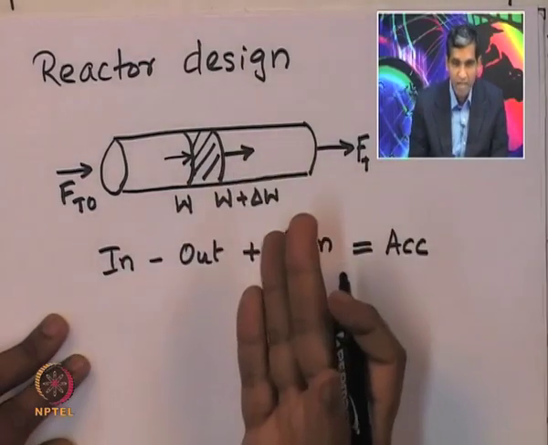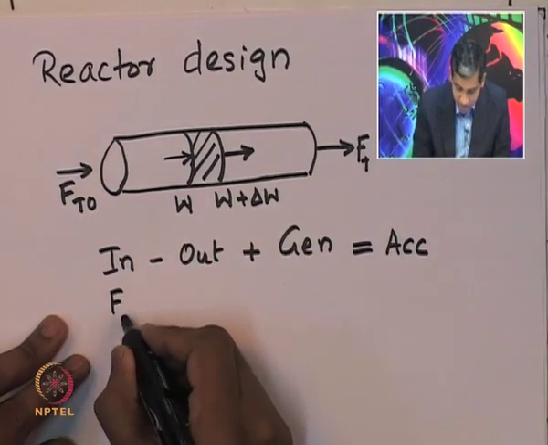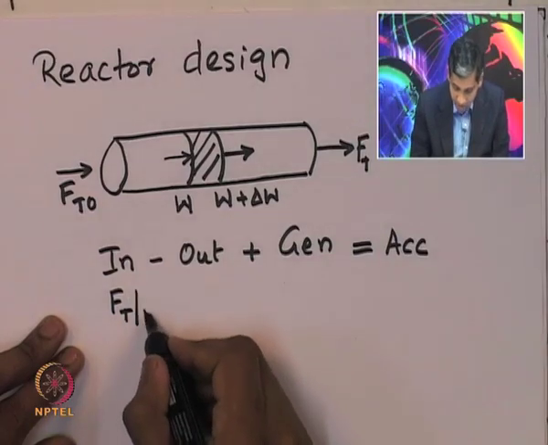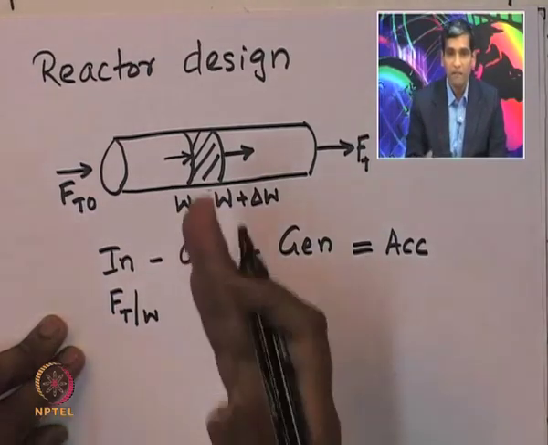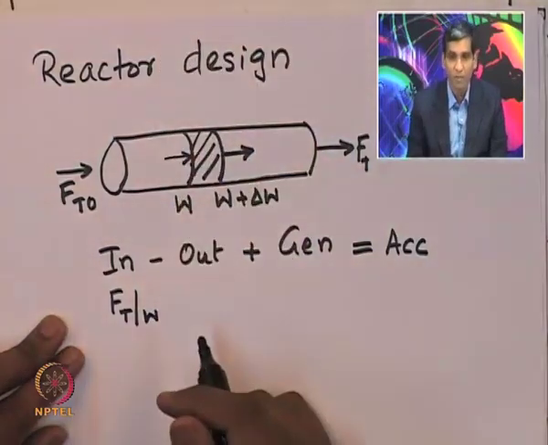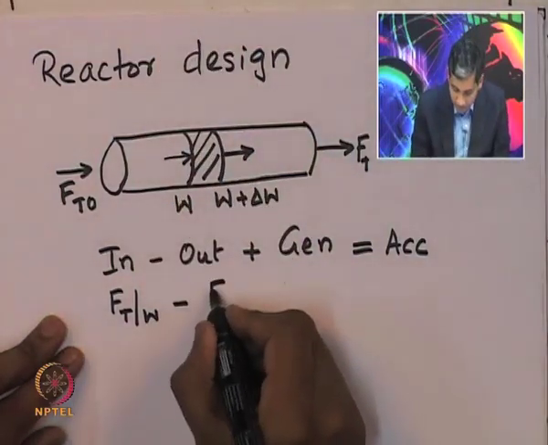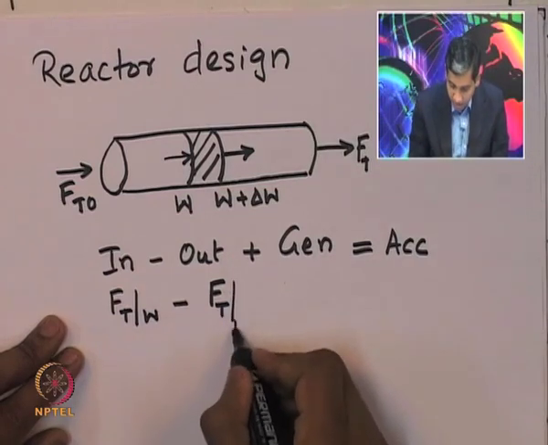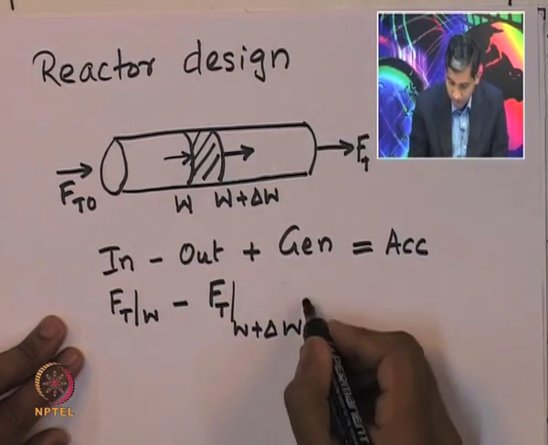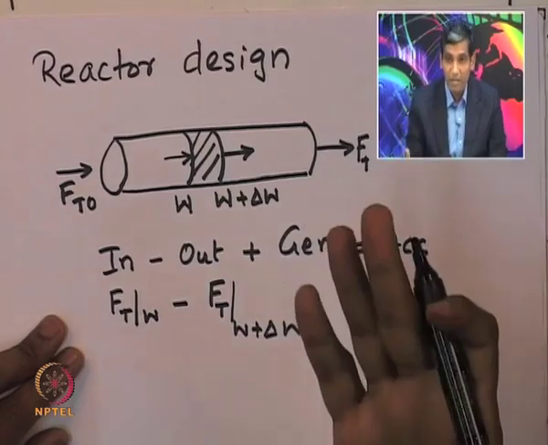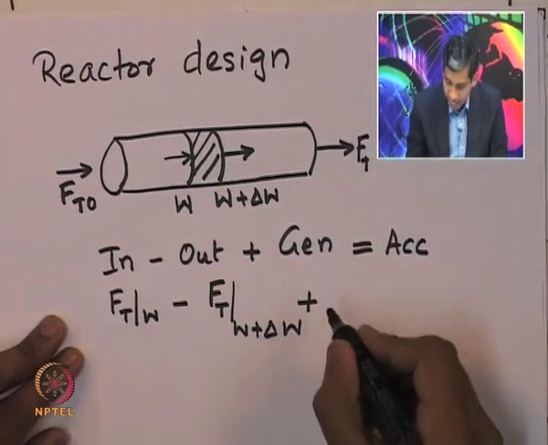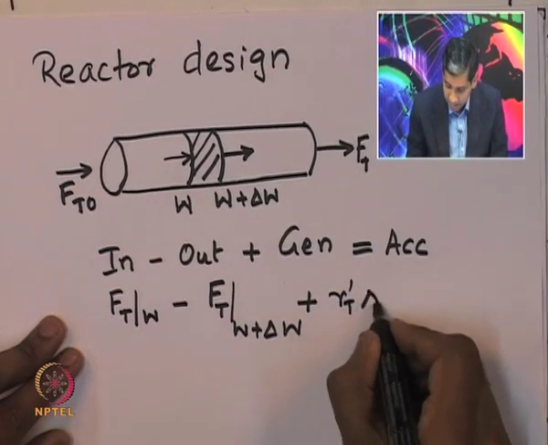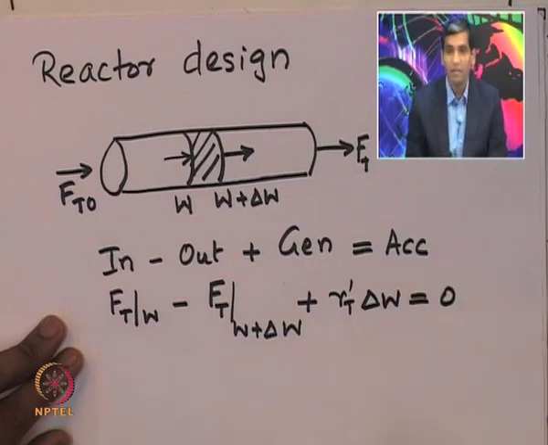What enters is F T, the molar flow rate of T at W, where the weight of the catalyst up to that point is W, minus the molar flow rate F T of toluene at W plus delta W, plus R T prime multiplied by delta W, equal to 0. So, that is the rate law.